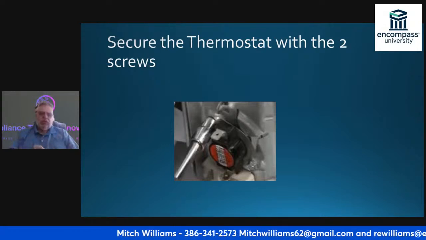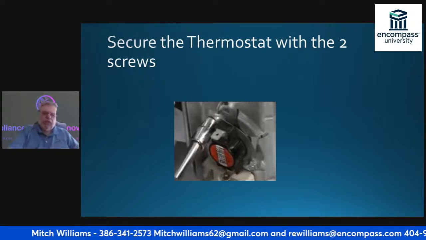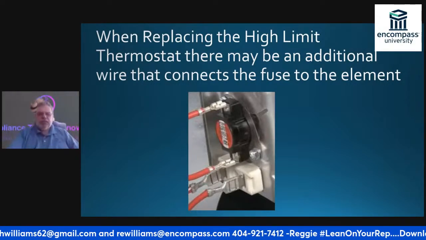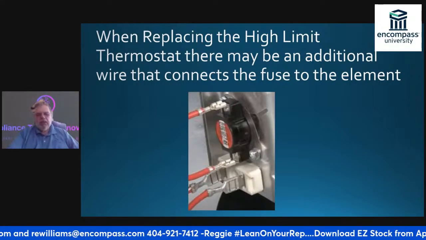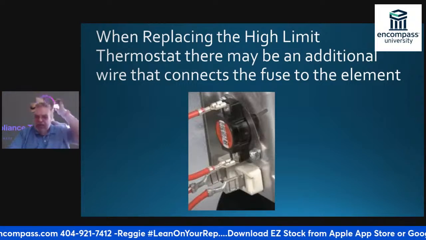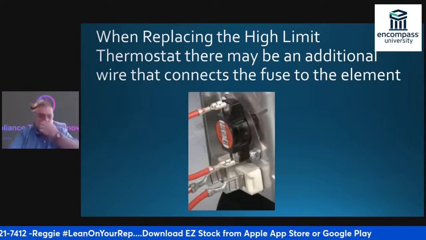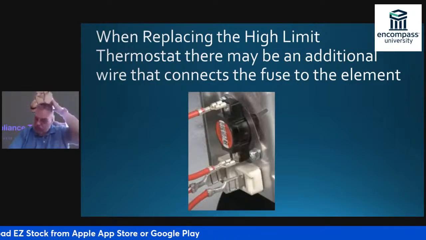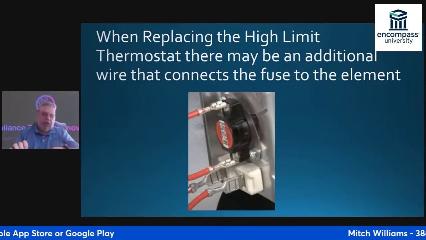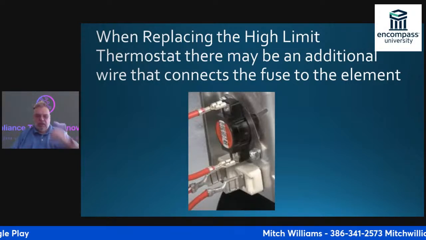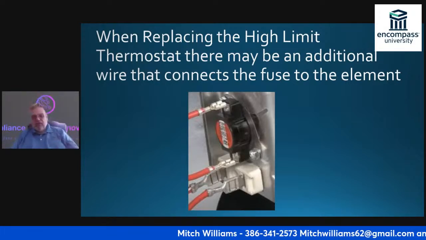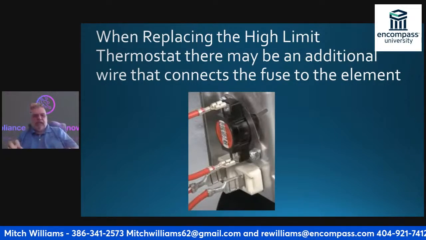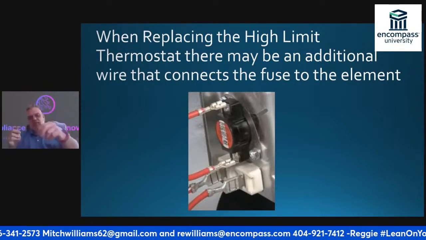So I'm going to secure the thermostat with the two screws. Once I do that, I'm going to replace the high limit thermostat, which may have an additional wire. I have to make sure whether it has this additional wire, because the new thermal fuse doesn't plug into the heater itself, so I have to connect the other leg to the heater.